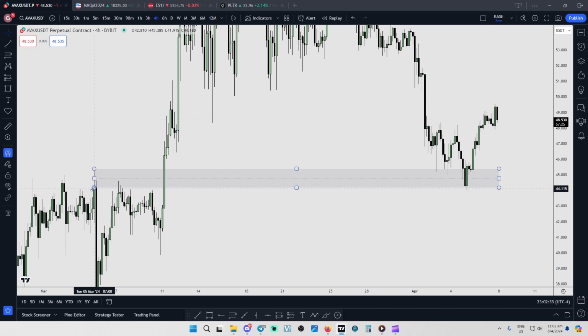But in an event that the wick is not this long, I will put the second entry at the closing price of the breaker for this particular scenario.